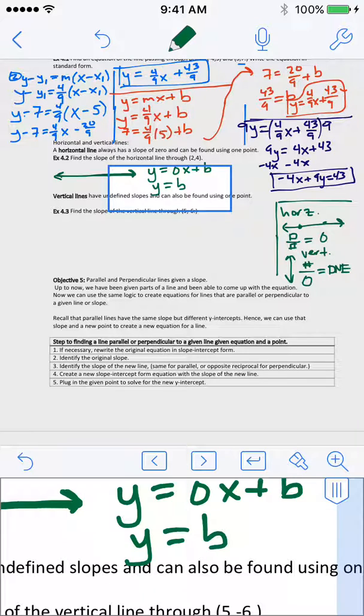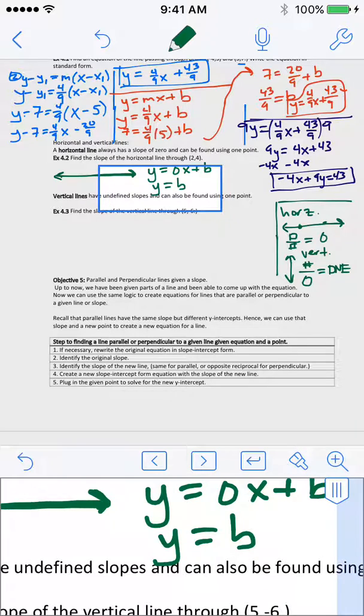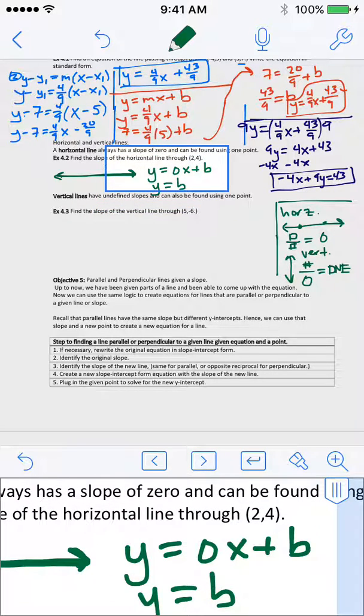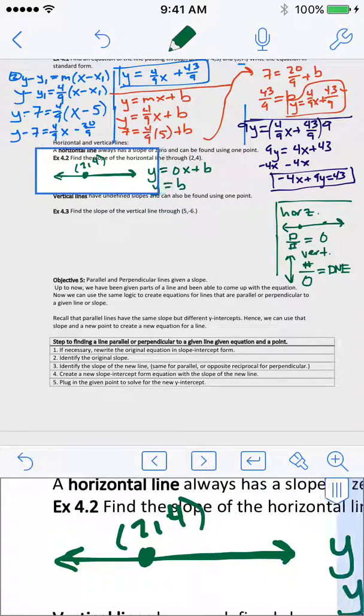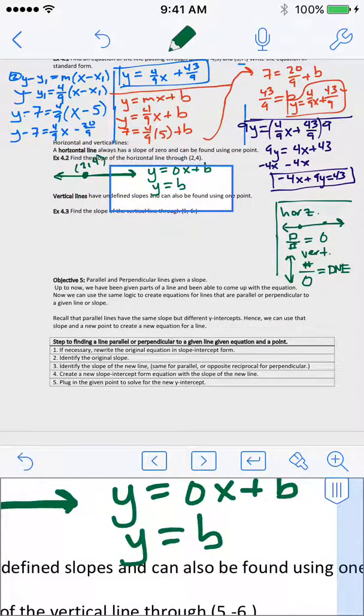Right? Now, what would this b be? Now, it could be the y-intercept, right? It's definitely the y-intercept, still definitely the same thing. But there's an easier way to think about it. Let's take a look at that point again. At some point in time, this line's going to hit this coordinate (2, 4). And so in order for this equation to go through that point, what does the y need to be?